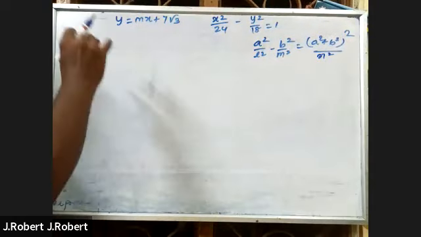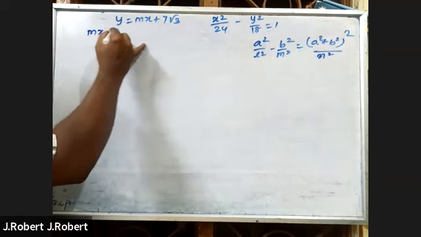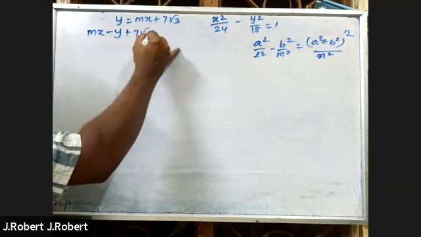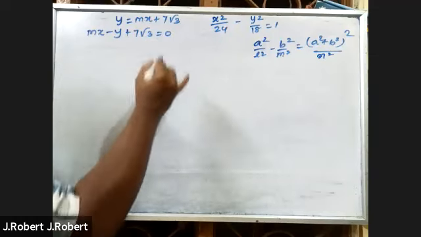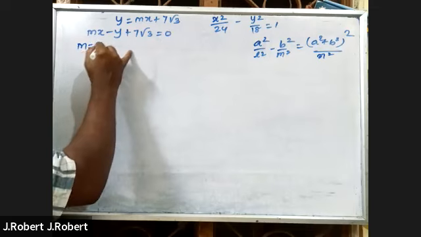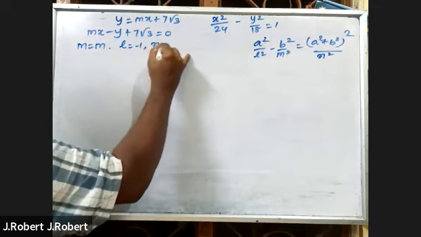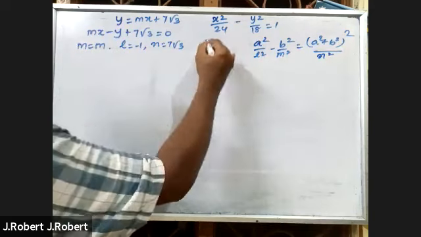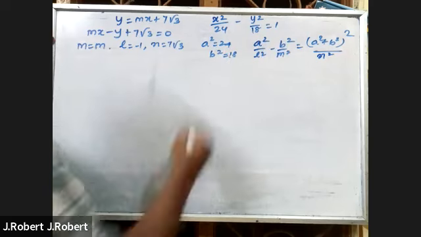If a line in the form of lx plus my, above mx, bring this y this side, minus y plus 7 root 3 equal to 0. This is of the form lx plus my plus n is equals to 0. Your m is equals to, as it is m, l is equals to minus 1. Your n is equals to 7 root 3. From the given hyperbola, a squared is equals to 24, b square is equals to 18.